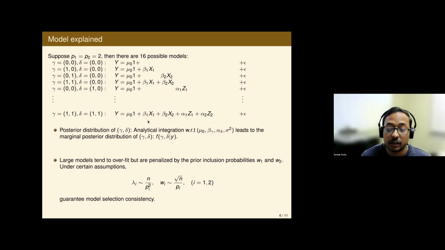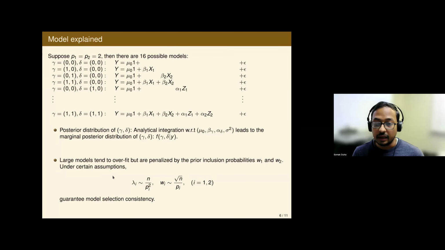Now, if the model tends to include too many SNPs that are not important, then they will be penalized by this prior inclusion probability. So w1 and w2 should be small. They will not allow an unimportant SNP or an unimportant gene to enter the model.